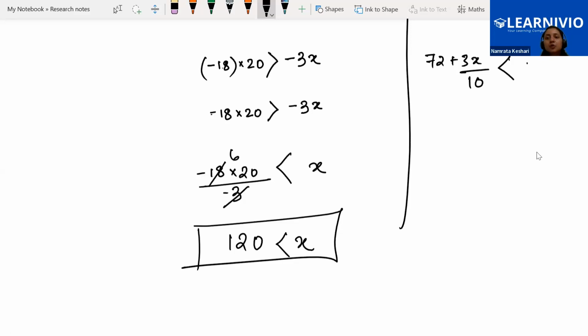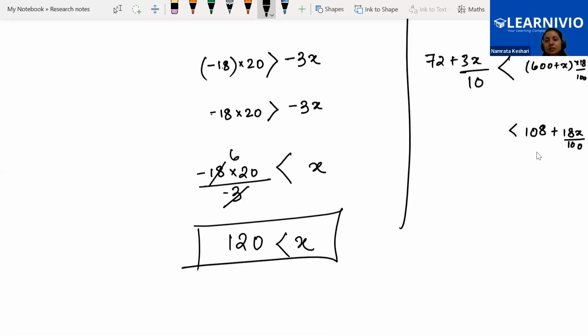This is smaller than 600 plus x, 18%. That means 600 into 18 by 100 we will do, 18 into 6, 100 plus 18x by 100.